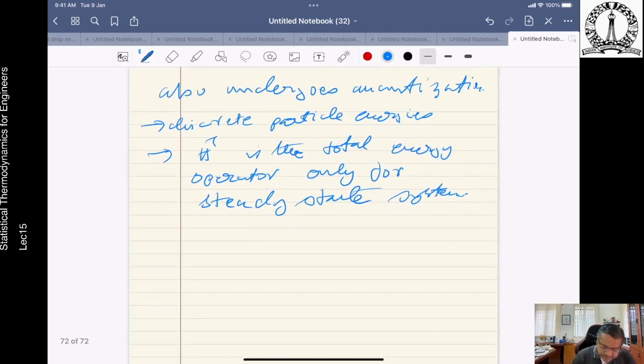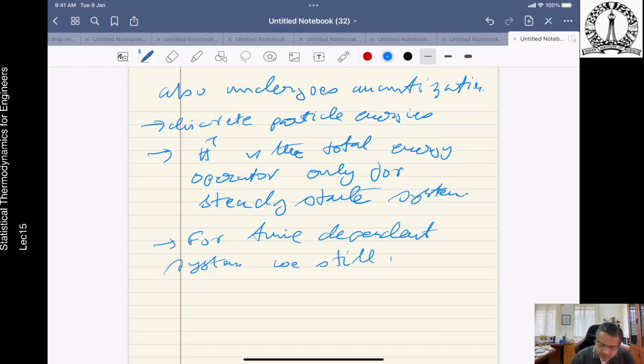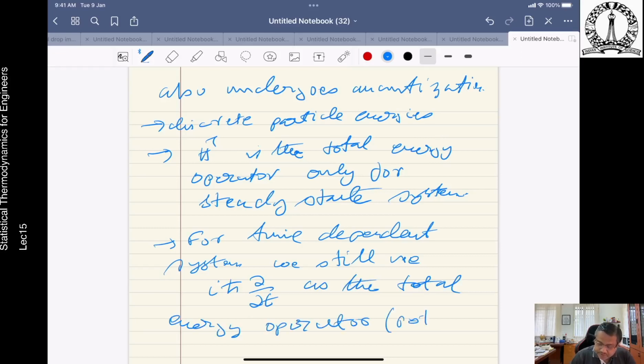For time dependent systems, we still use i h bar d by dt as the total energy operator. This comes from your postulate 2, number 4.